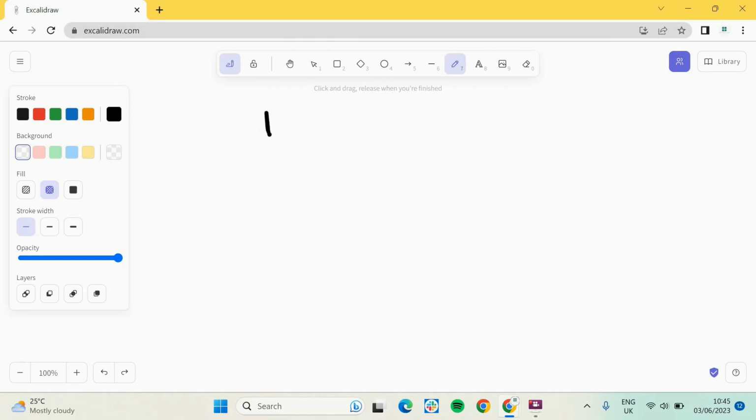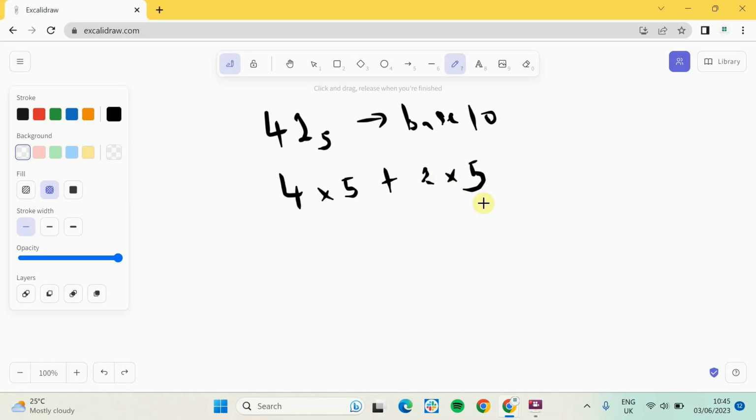So 42 in base 5. Let's convert it to base 10. So that will be 4 times 5 plus 2 times 5. I'm going to give the power from 0 starting from right to left.